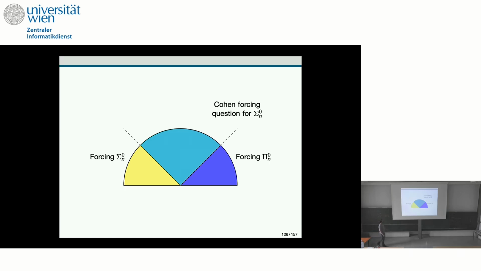But if you have an element which is in the middle, so which is not decided, it means that there is some q smaller than p which will actually force the pi 0 n formula.